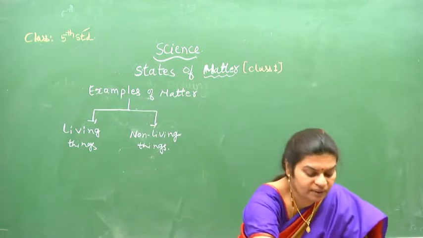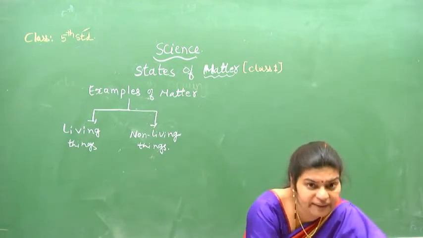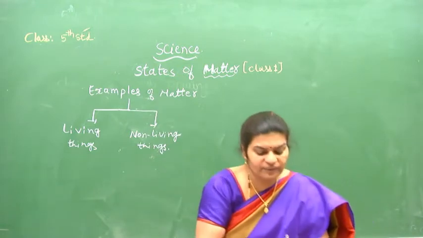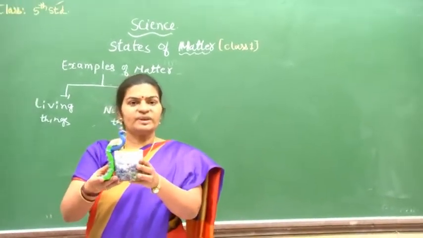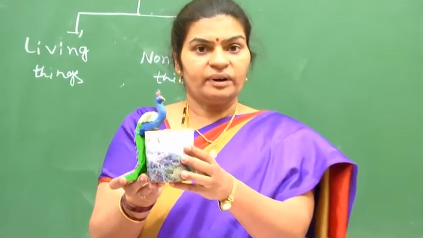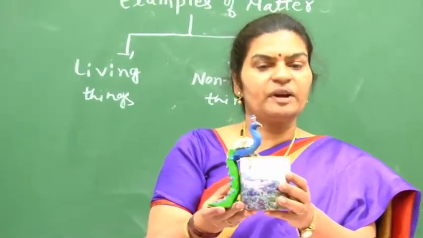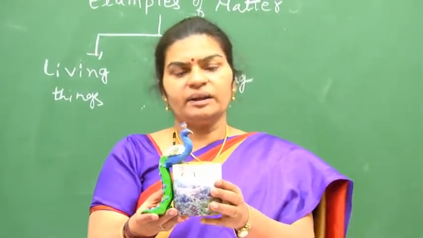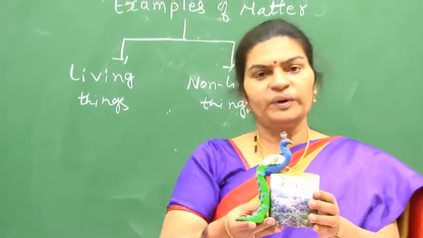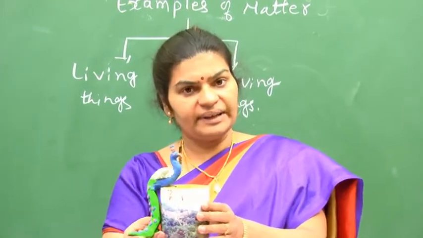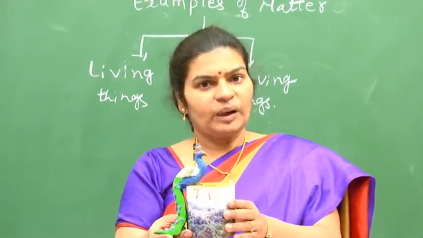Now I have brought some articles for this. Just by looking at this, you will say this is a peacock. The peacock is our national bird. It has been drawn so beautifully by our drawing sir.